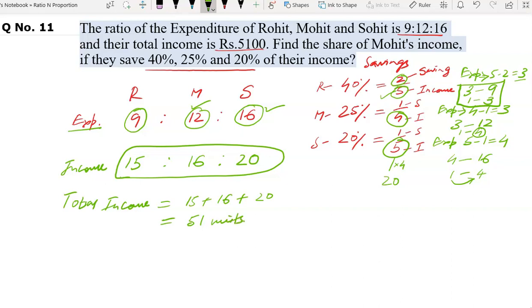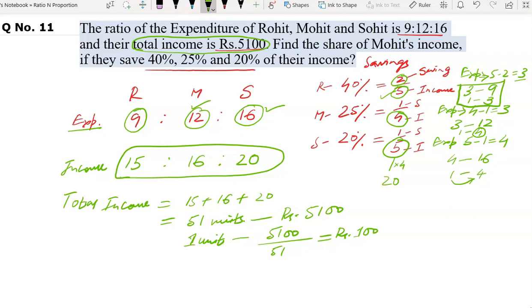Now in this question it's given the total income is rupees 5100. So 51 units represent 5100. So 1 unit will represent 5100 upon 51, which is rupees 100.